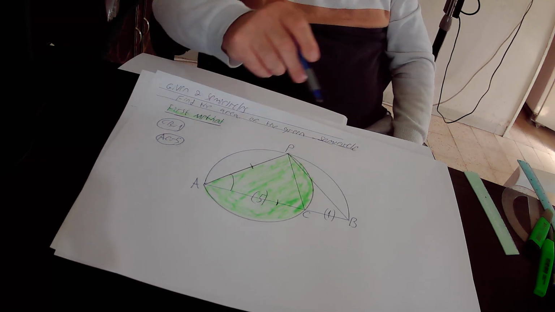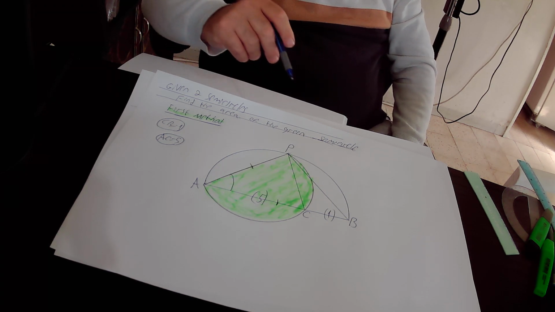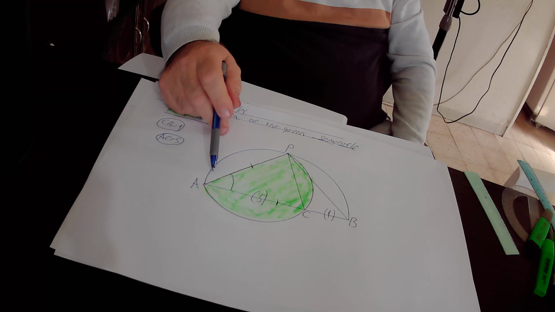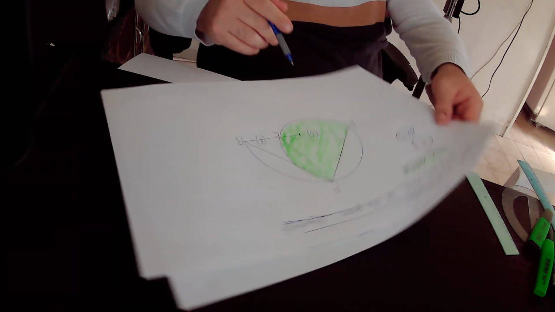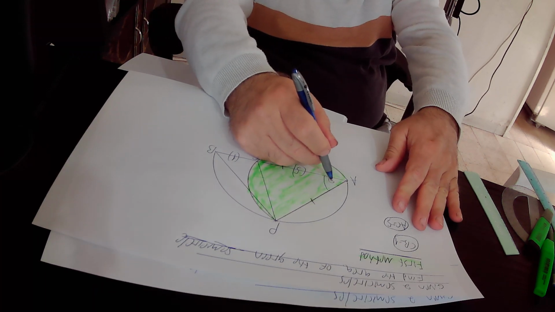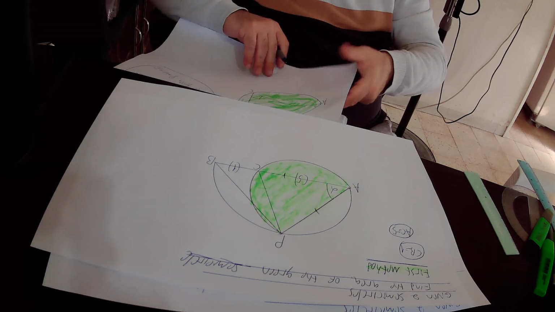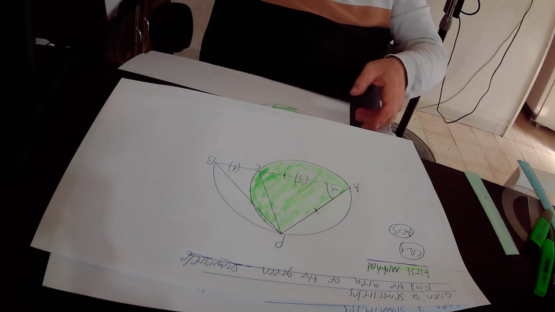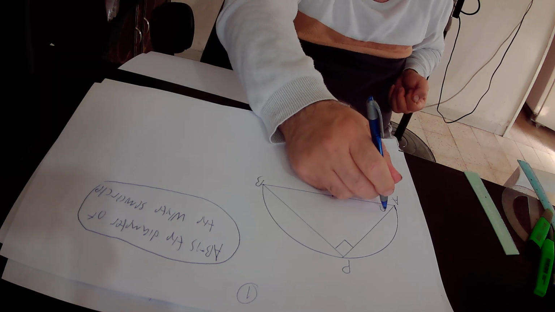Therefore, angle A is a common angle that belongs to both triangles. So we'll define the common angle A as alpha. This is the common angle A, which equals alpha according to our definition.